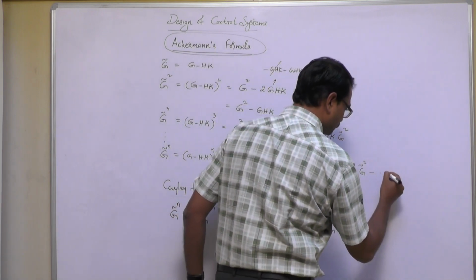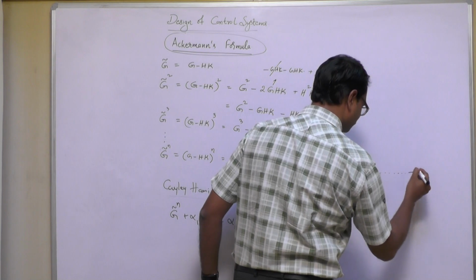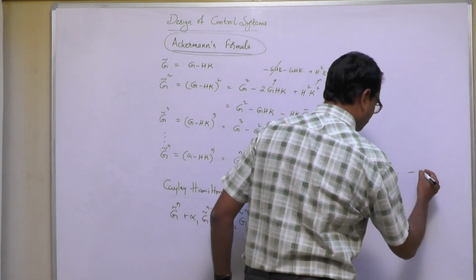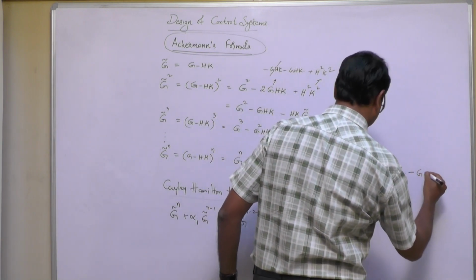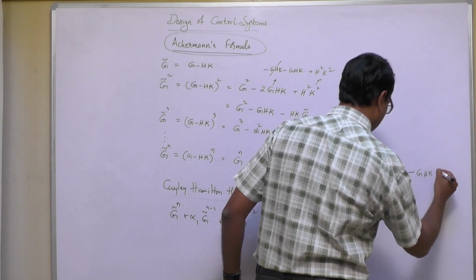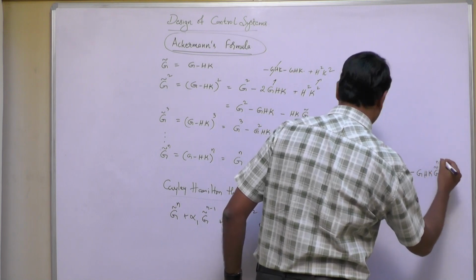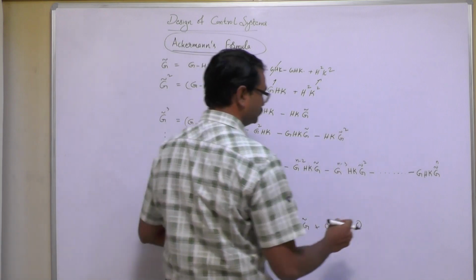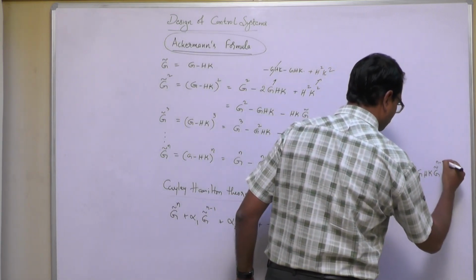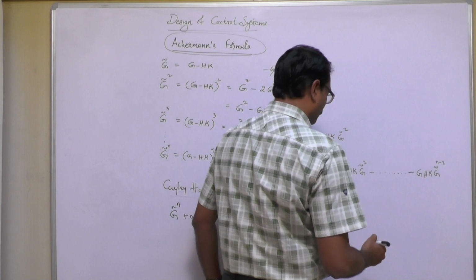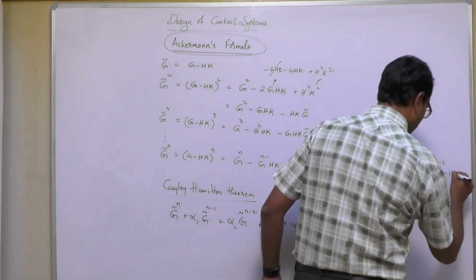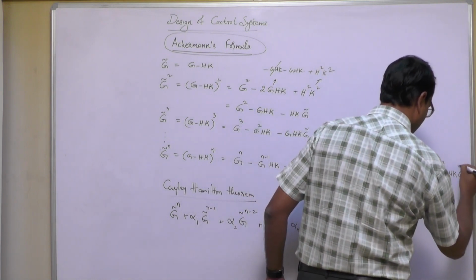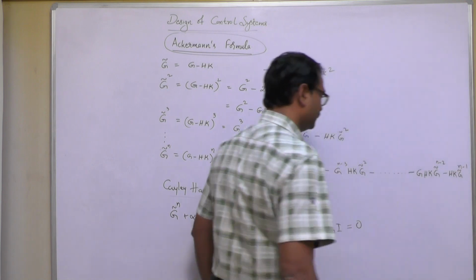So minus dot dot dot minus G HK G bar power, when you have 2 here it is 3, therefore n minus 2, and minus HK G bar power n minus 1.